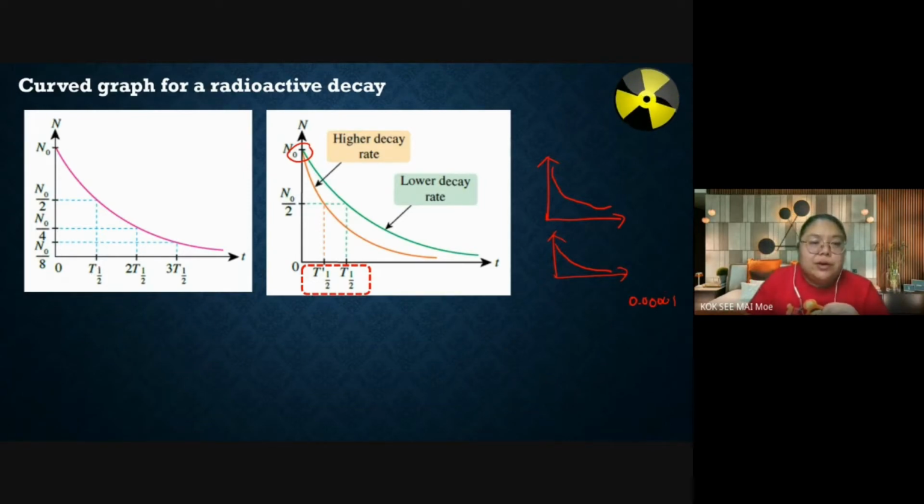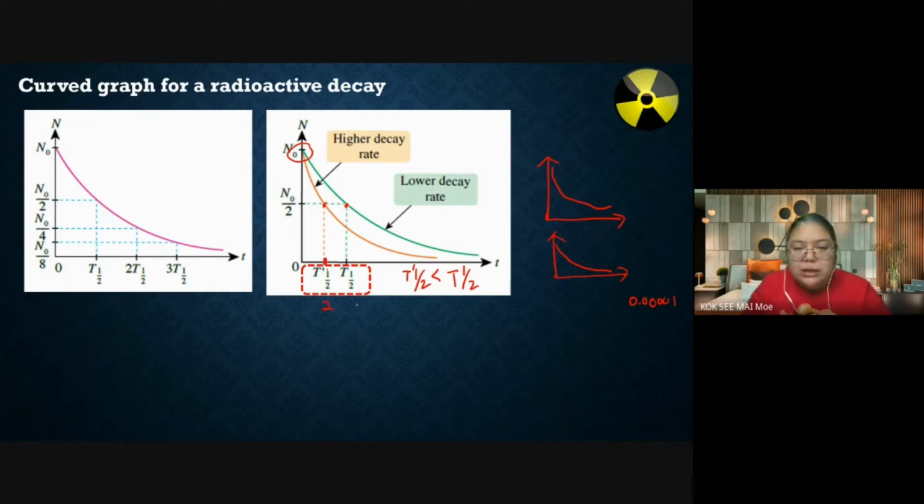So from here, this one we call the first half-life, second, third. You can see the orange color and also the green color. For the orange color, when I achieve half, this one is my half-life, the time taken. For the green one, when I achieve half of the green, this one is my time taken. So you can see this t1/2 is smaller than the other t1/2.